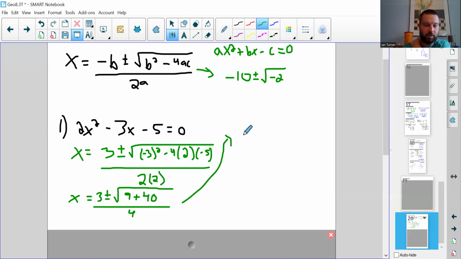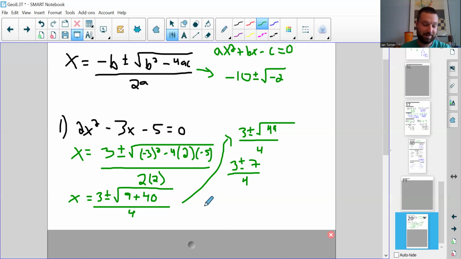So we get 3 plus or minus the square root of 49 all over 4. Square root of 49 is 7, so we get 3 plus or minus 7 all over 4. And now remember, we got plus or minus, so let's split it. We're going to get 2 answers.